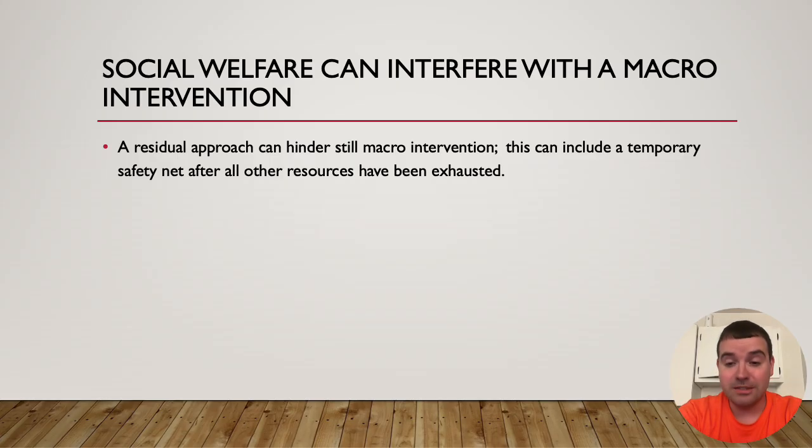So to put it in simple terms, if we're trying to make an intervention of creating healthier alternative lunches, we need to exhaust all of our options. We need to make sure that we contacted the school, that we contacted local communities and agencies and food pantries before any social assistance, before any social welfare can go into effect.